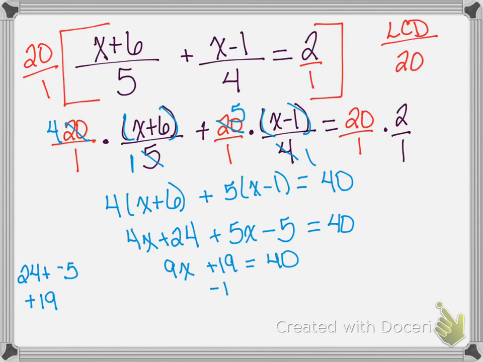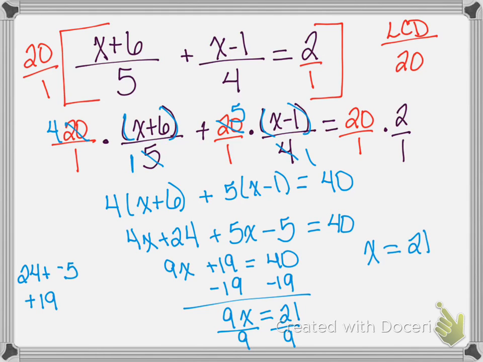I subtract 19 from both sides. Okay, I get 9x equals positive 21. And I divide both sides by 9. So you are tempted to say that your answer is 21 over 9. However, what goes into both of those? 3. So my answer is x equals 7 over 3.